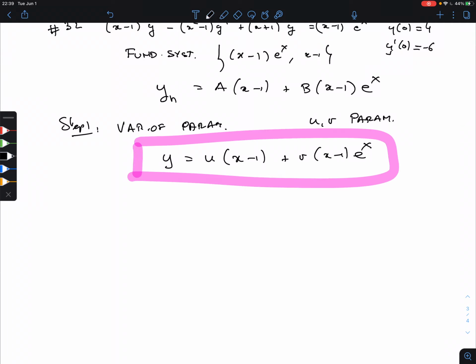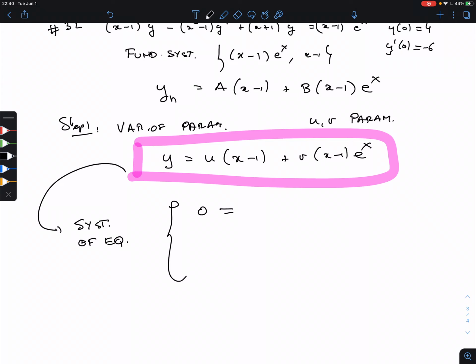So this leads to a system of equations. The first one is really an additional equation that you put there. It's kind of weird. Why can you do that? Well, because you have two parameters, u and v, you have that much freedom.